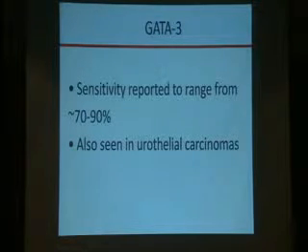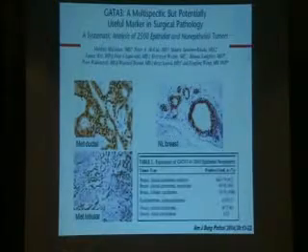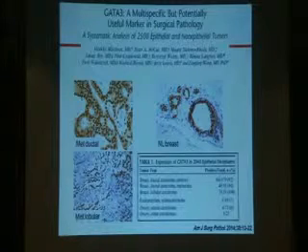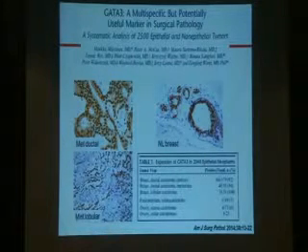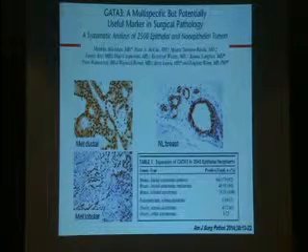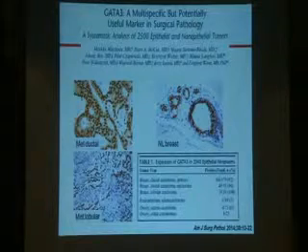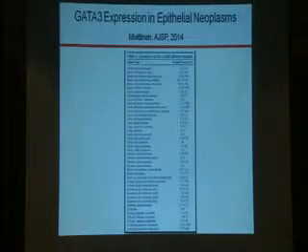GATA3 at this point is the most commonly used marker. If your question is breast versus other solid tumor, the presence of nuclear staining is very helpful. And this manuscript is really one of the most comprehensive reviews of GATA3 staining, showing the staining in ductal carcinomas and normal ducts and metastatic lobular carcinoma.